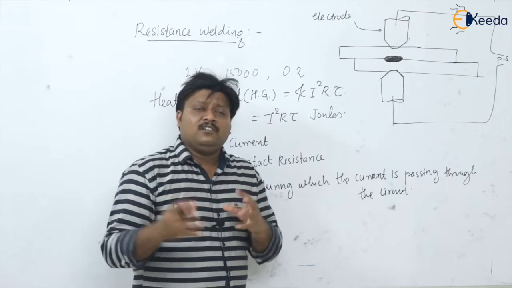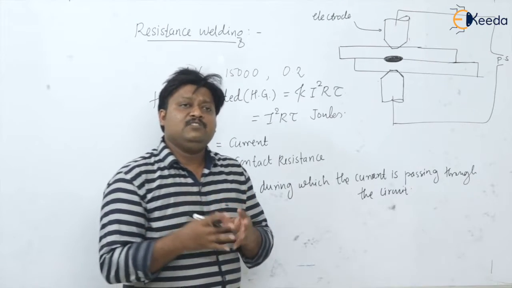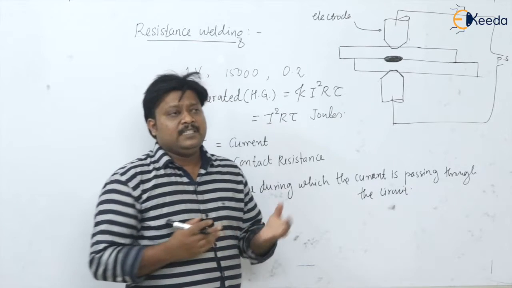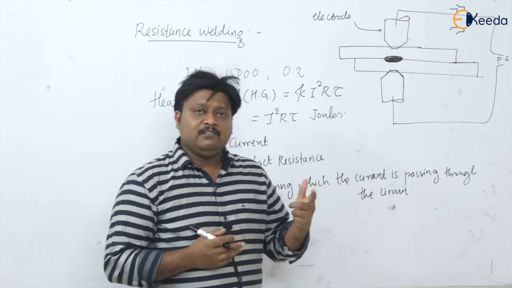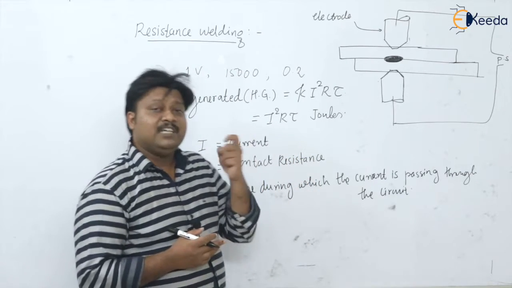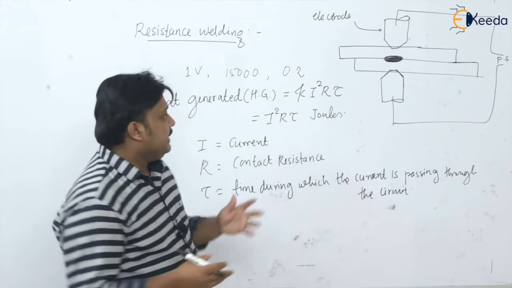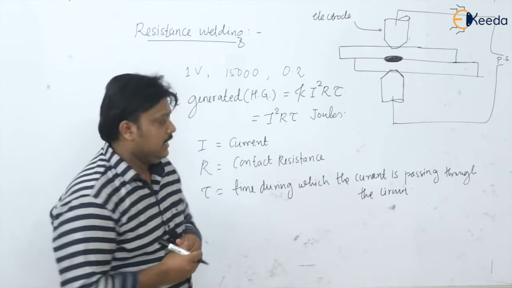Say the power source is 5 cycles for a 50 hertz supply. In this 50 hertz frequency, the current will pass through the circuit only in 5 cycles. Based on that, we can calculate the time for which the current is flowing through the circuit.